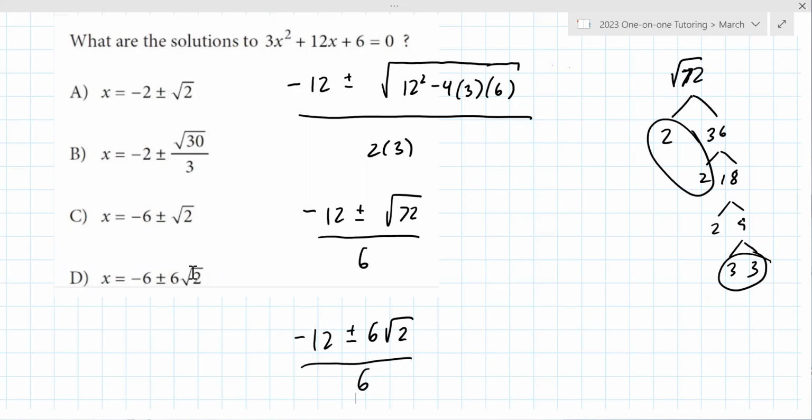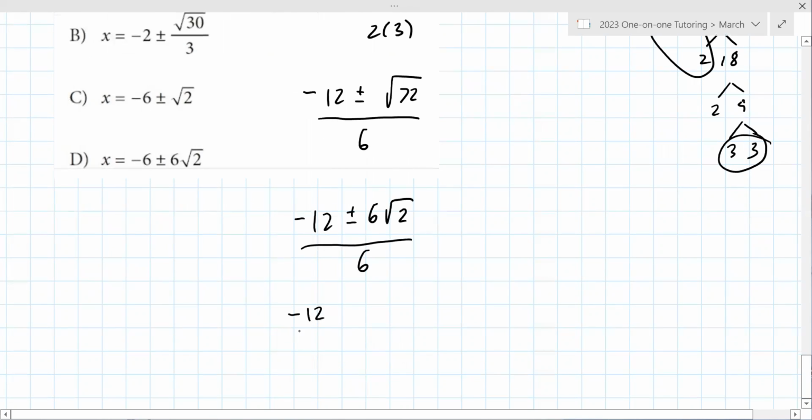I got 2 plus or minus square root of 2 over 6. Tell me how you got the 2. Or -2. Yes, -2. So just like the previous problem, you're dividing both of these by 6. It's not a choice.